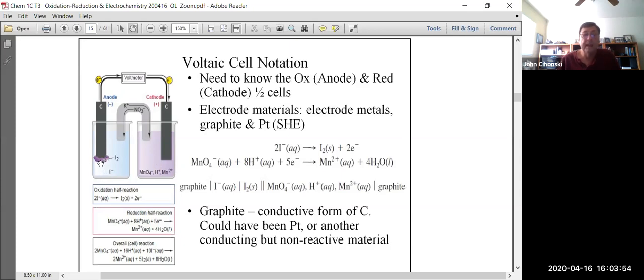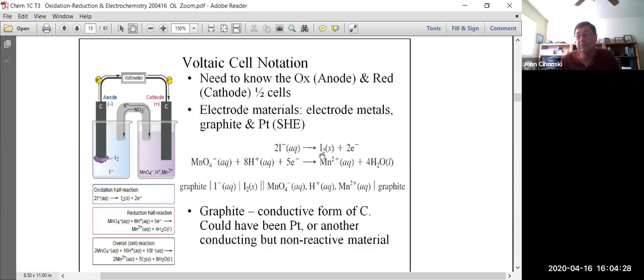We have an anode here, which is carbon, and we have iodine, I2, and we have I- in solution. Well, let's look at the chemistry that's occurring. Now, in this case, we have 2 I- in solution, and that's where the electrons come from here, right? We are taking those 2 electrons from the 2 I-, and we're forming I2 solid.